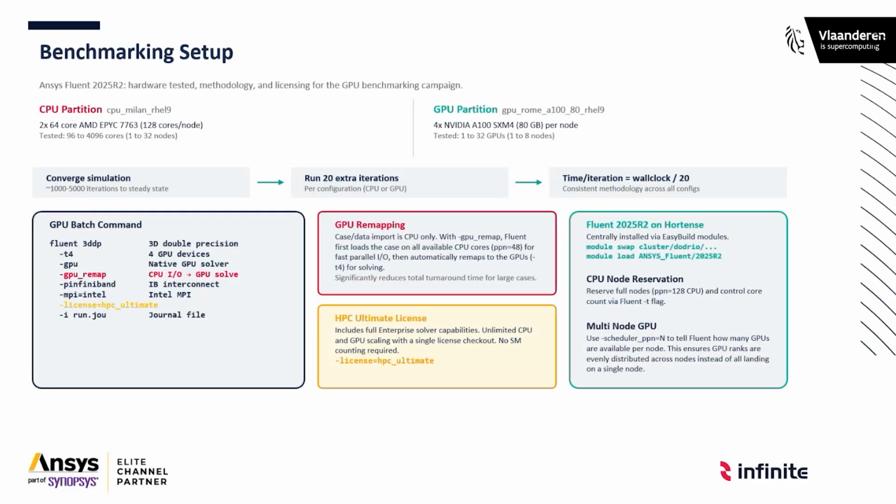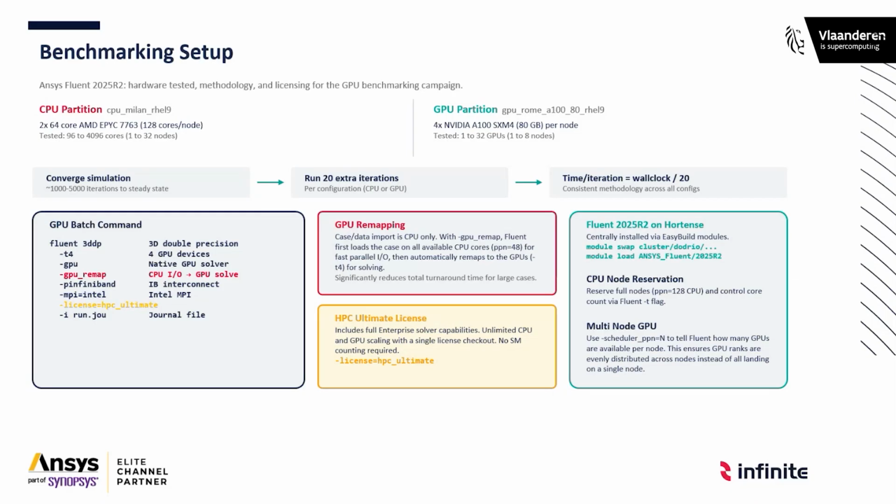Then my benchmark setup: I used Ansys Fluent 2025 R2, which was released last year, to test all the cases. So I used either a CPU partition or a GPU partition. CPU, I tested from 96 to 4,000 cores on 1 to 32 nodes. GPU, each partition had 4 NVIDIA A100s on 1 node, and I tested 1 to 32 GPUs, so 1 to 8 nodes.